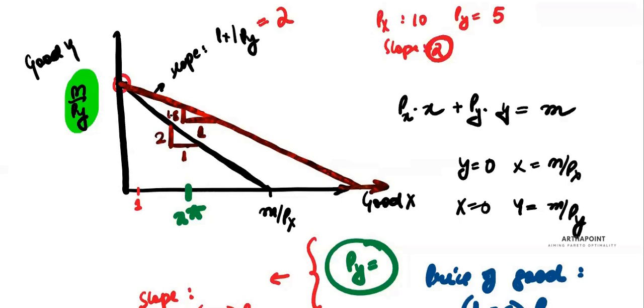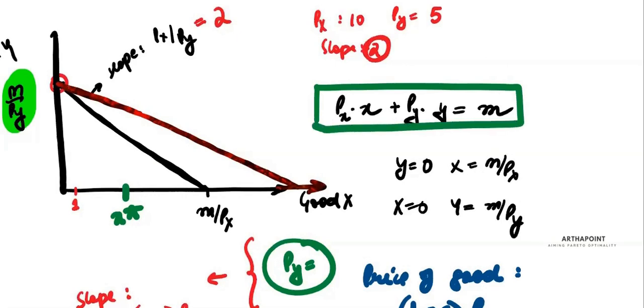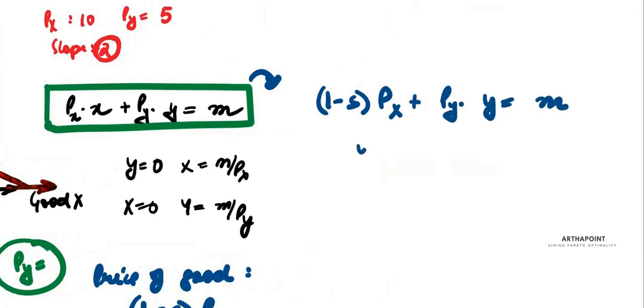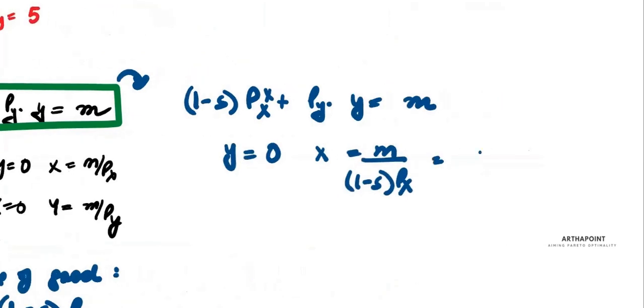If you get confused by the concept of slopes, the other thing you can do is write the equation of the new budget line also. So you can say that the new budget line will be (1 minus S) PX plus PY into Y is equal to M. So when Y is 0, your X is going to be M by (1 minus S) into PX, which means it is going to be your income upon 0.9 into PX.